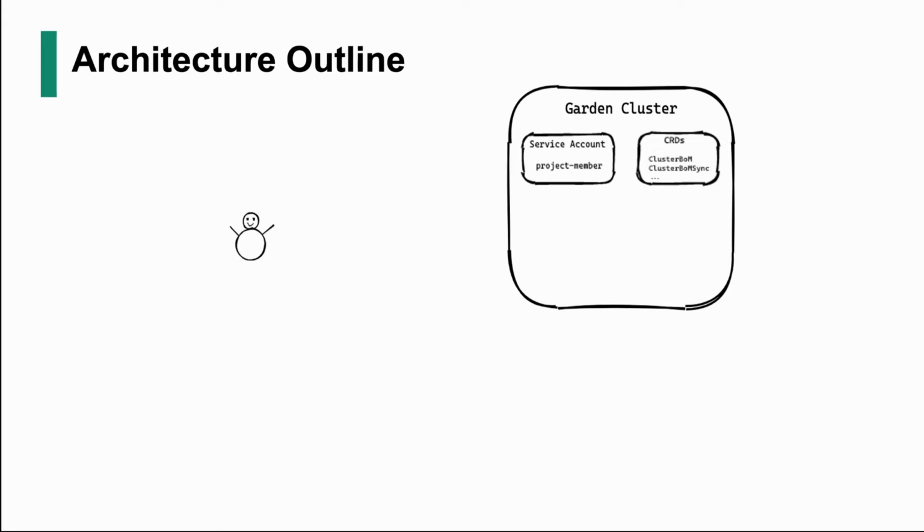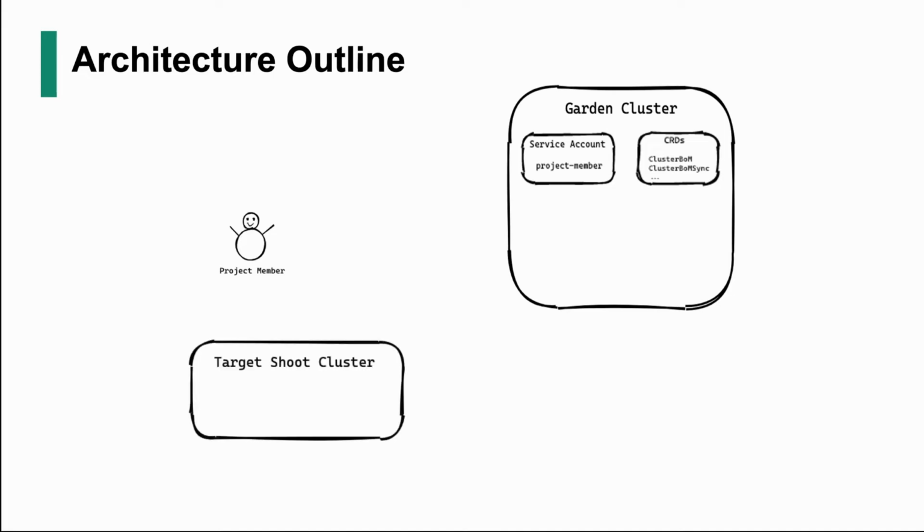Then we have this little snowman here. And yeah, it's just a snowman because my drawing skills are rather limited. Let's call this guy project member. And this project member is supposed to do some deployments in the target cluster. How would he do that?